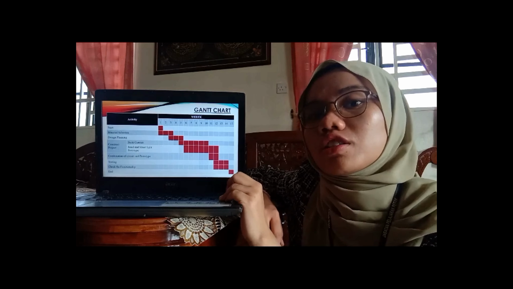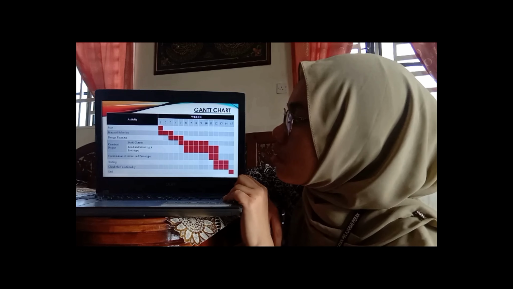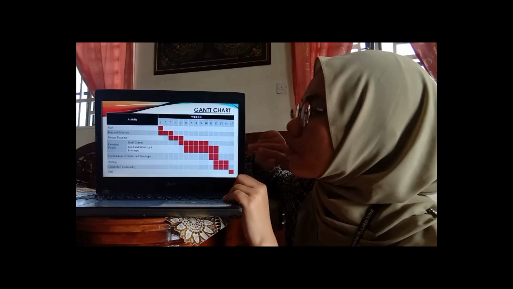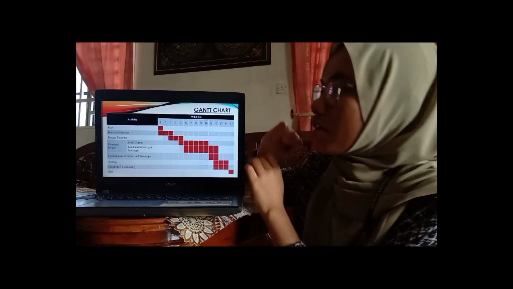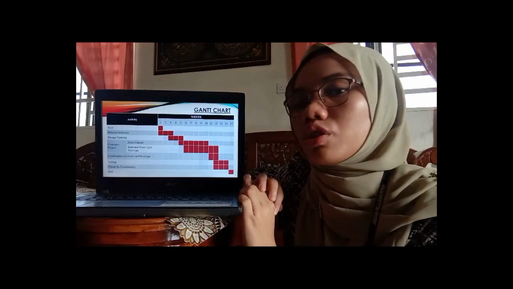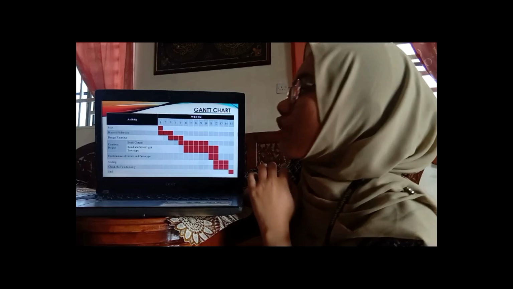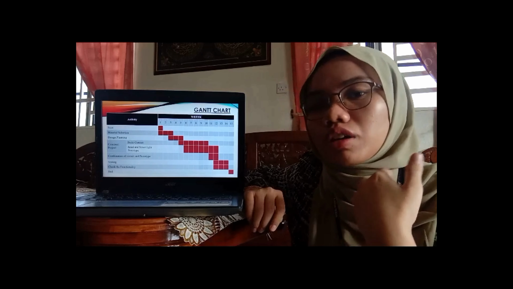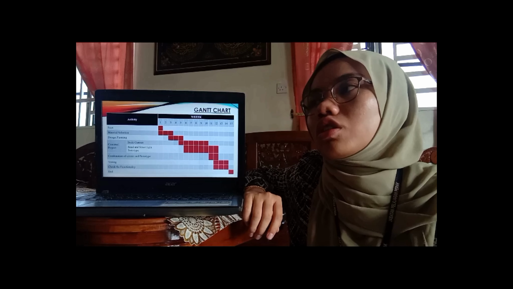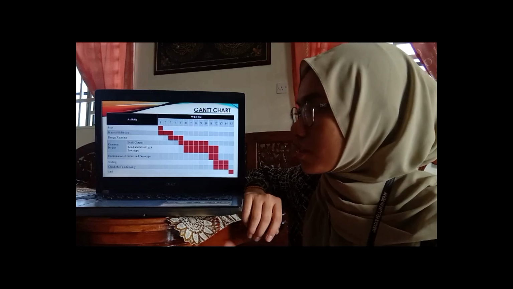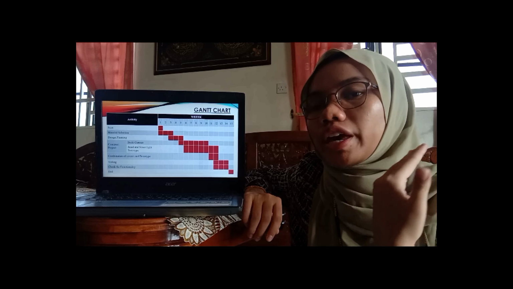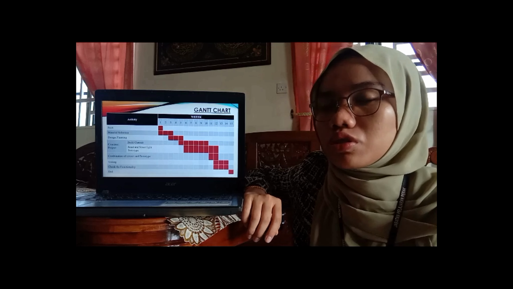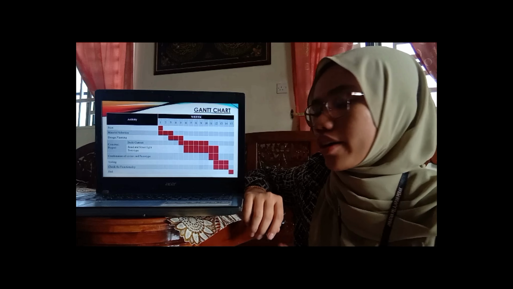Material selection will start from the very first week of the semester, which is here, as you can see, and then it is going to proceed until the third week, because material selection is very important for us to be able to choose the best material for our project.